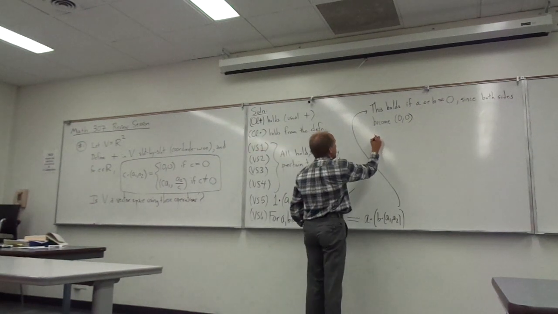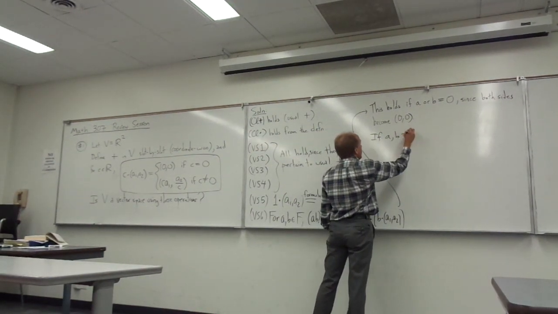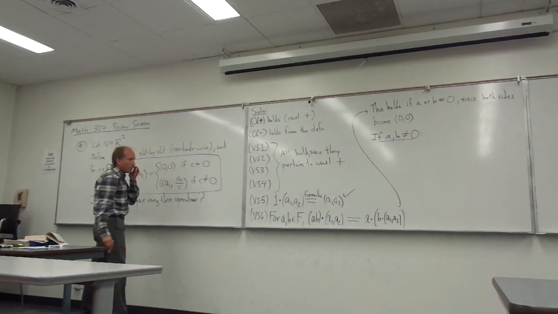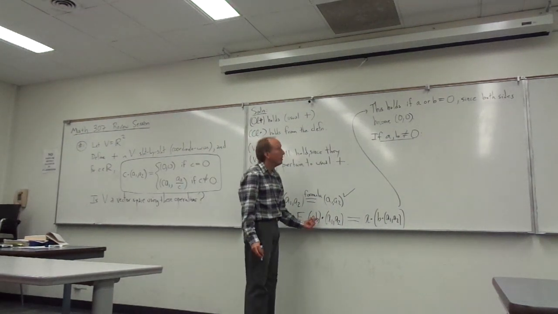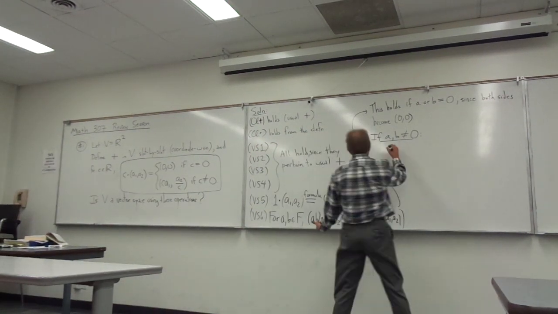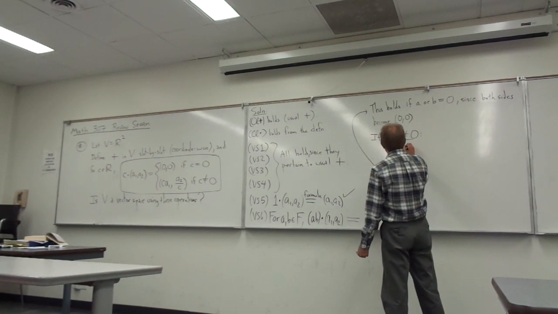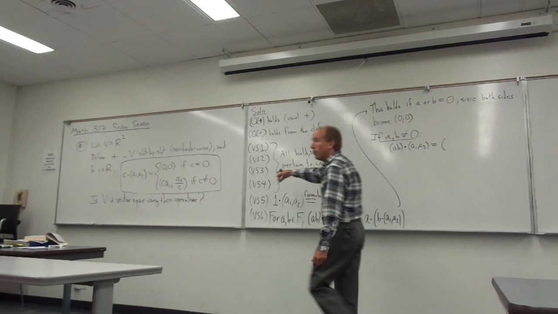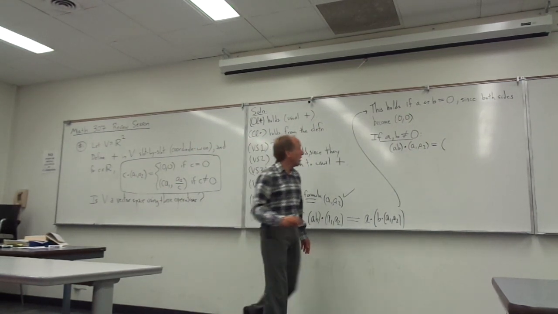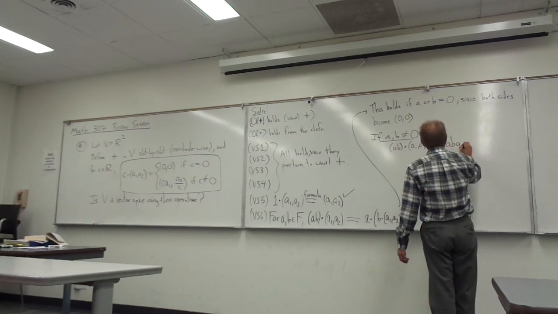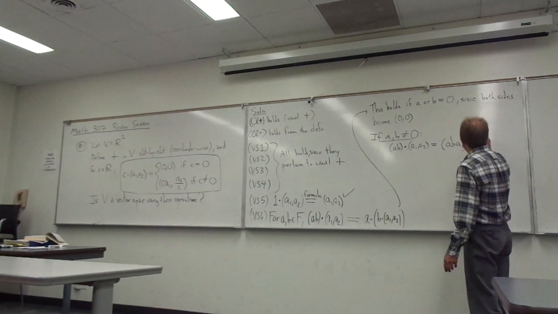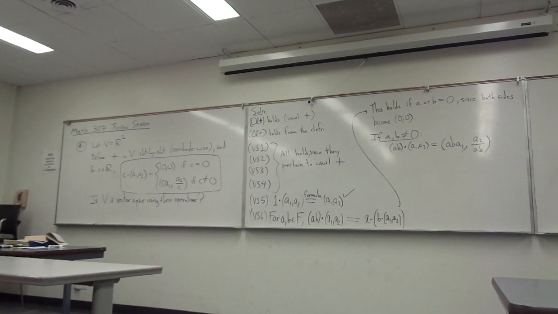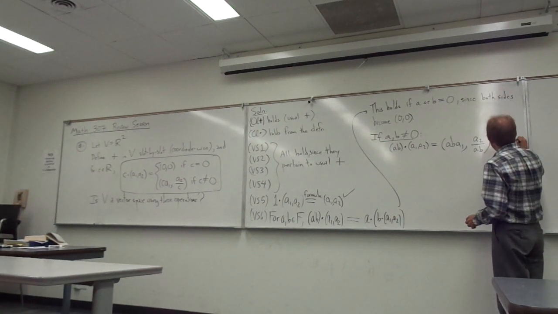The other possibility is, what if A and B are both non-zero? Then let's calculate what we would have. On the left side, if I take AB and scalar multiply it to A1, A2, according to my formula, which now comes from the second line, I get AB A1, comma, A2 over AB. Now let's do the other side of the equation.